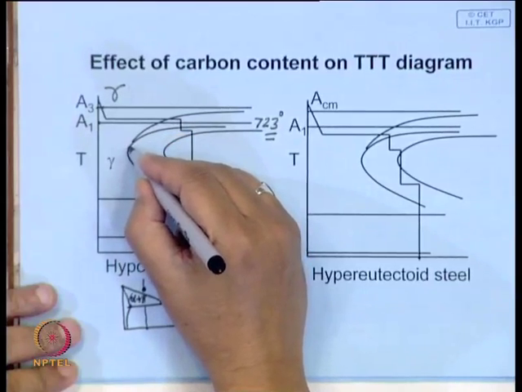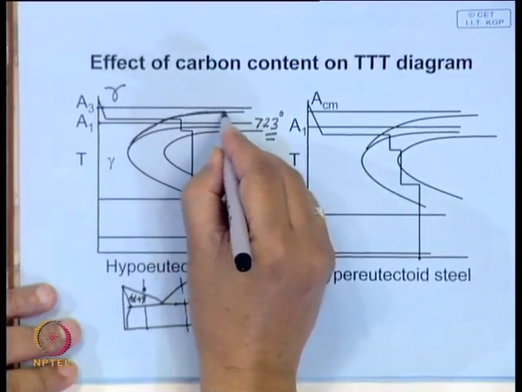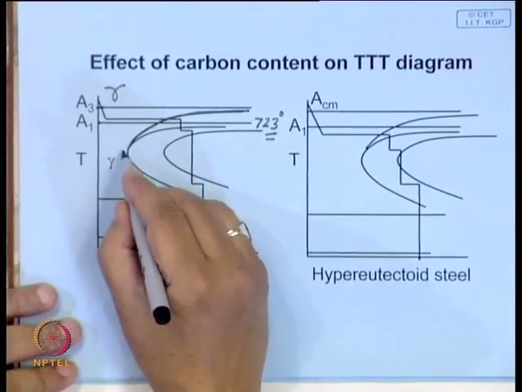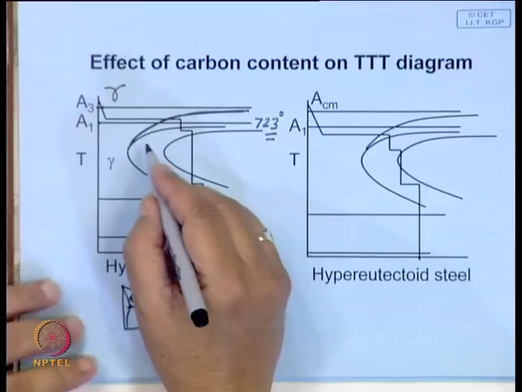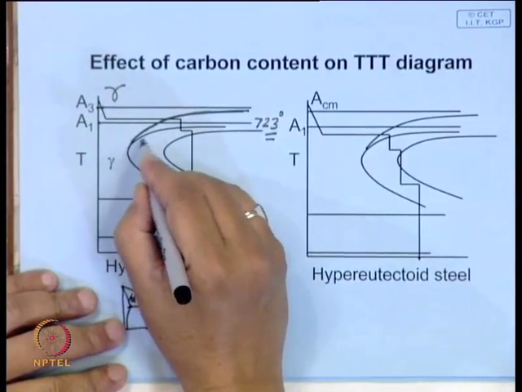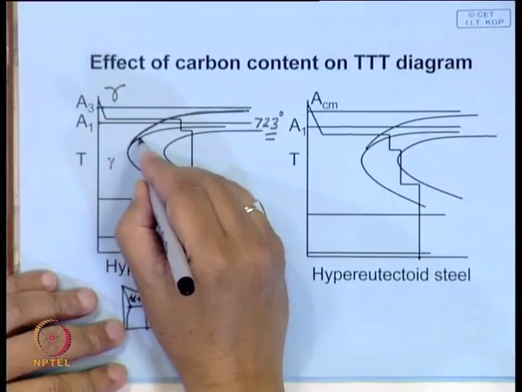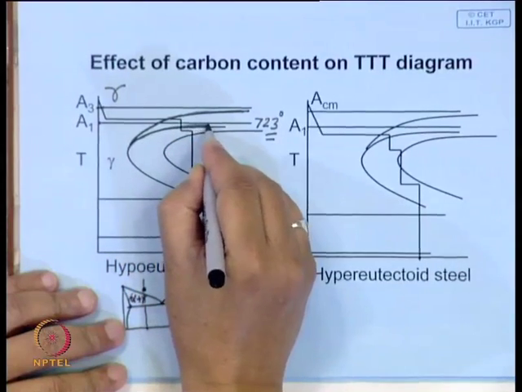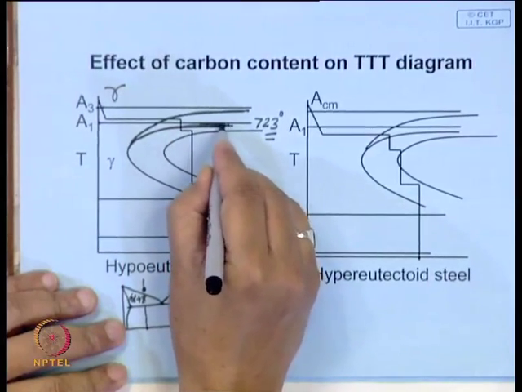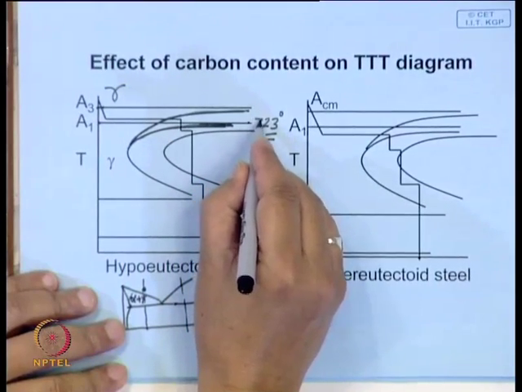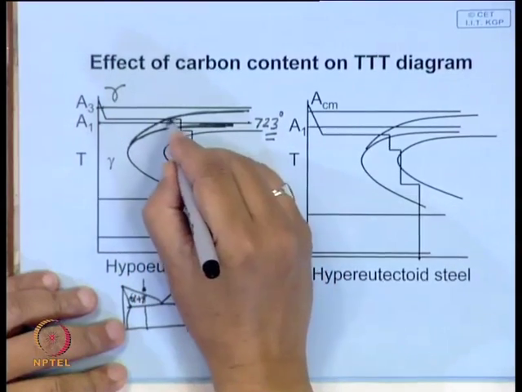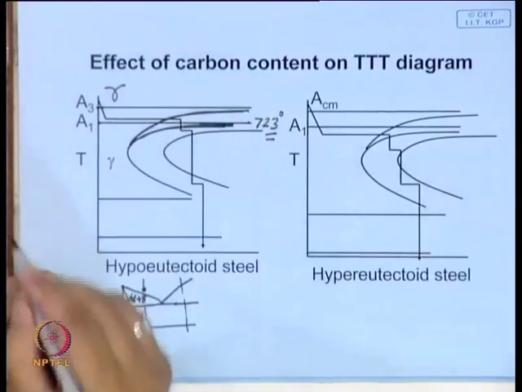So, you will get another line which represents the start of ferrite transformation. Similarly, there should be a line for completion of that ferrite transformation, which is actually the start of the pearlite transformation, but this cannot start unless the temperature goes below 723. So, this becomes an asymptote over here.